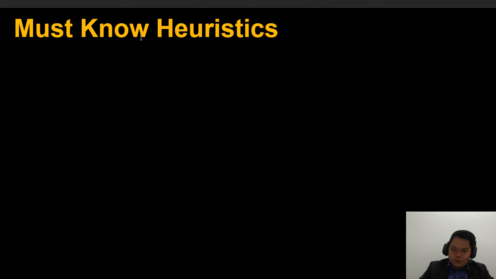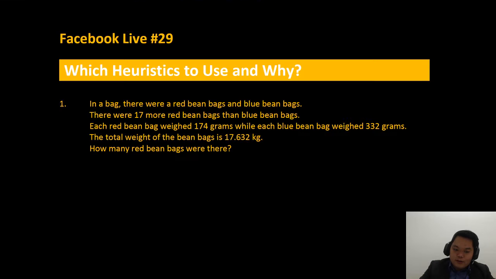Heuristics are problem-solving techniques for solving challenging maths problems. Most children struggle with challenging word problems because they are not familiar with the use of heuristics. So I will demystify all this and explain how to break down the questions. Please learn the thought process. Getting the answer for the question itself is not so important, but the whole thought process of deriving the answer, that is what you need.